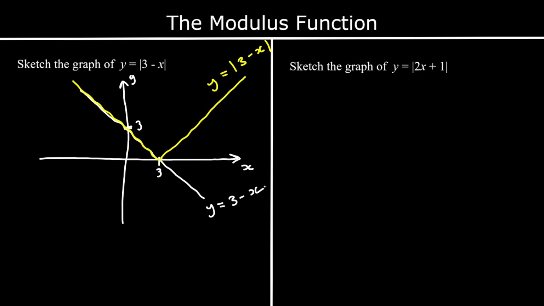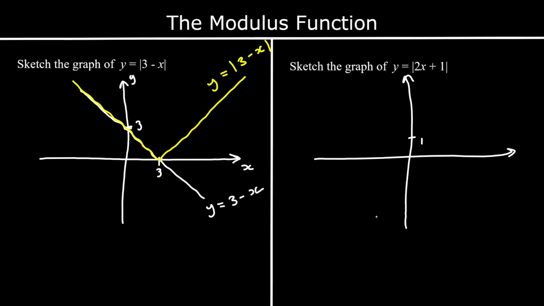One for you to try. See if you can sketch the graph of y equals the modulus of 2x plus 1. Pause the video, give it a go. So let's start by drawing the original graph. It's got a y-intercept of 1 and a gradient of 2.